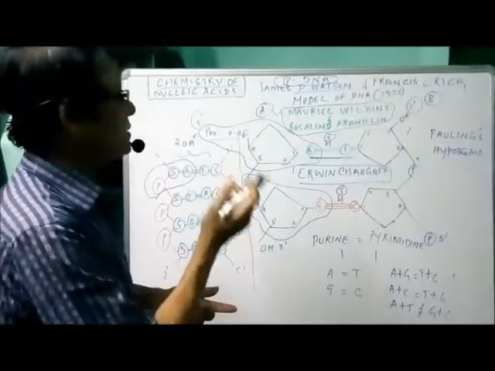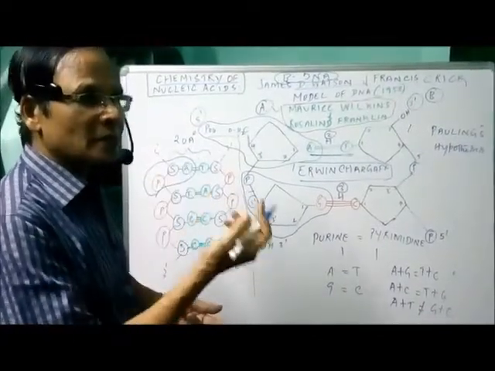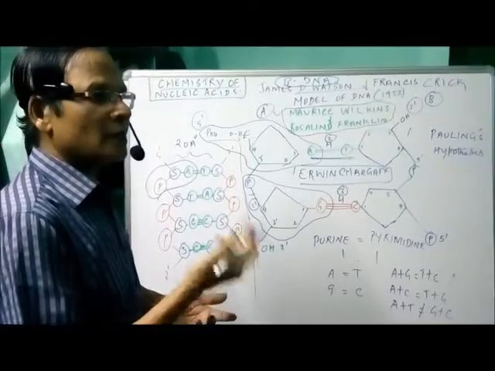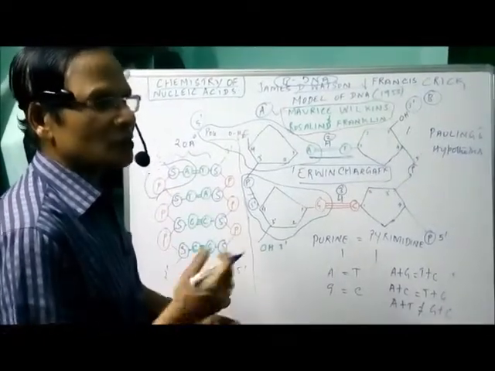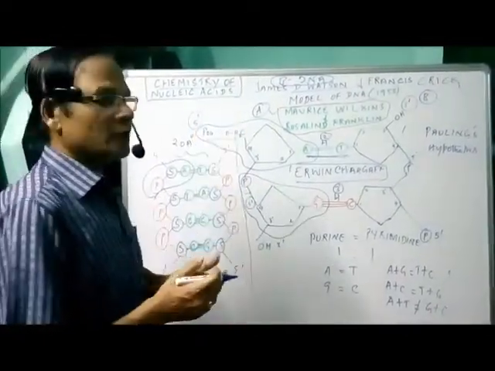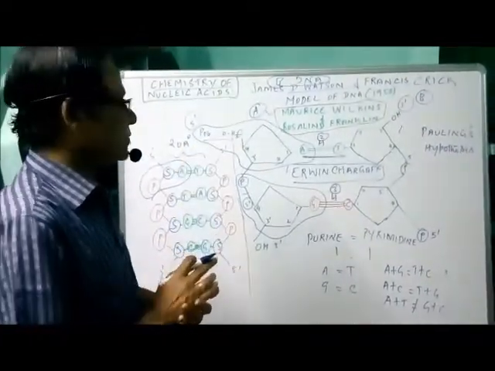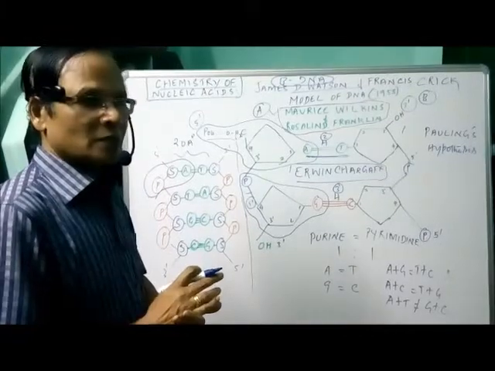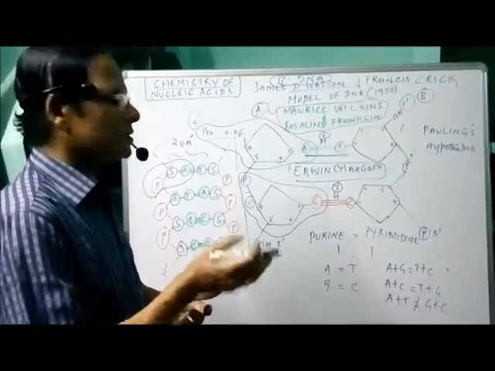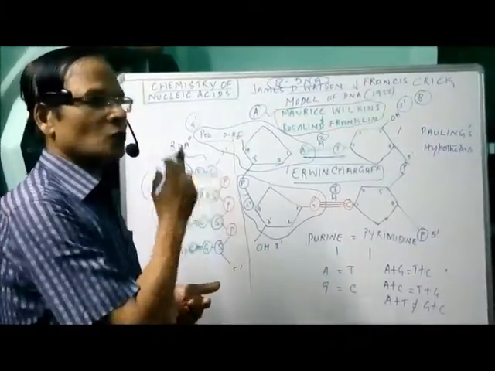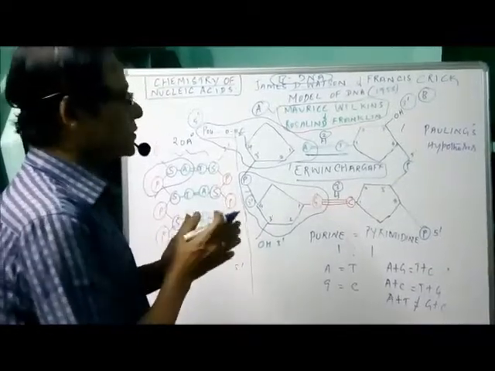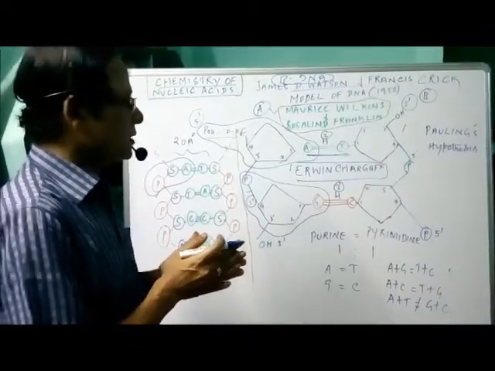In the case of B DNA, the helix is right-handed, which we can call dextral. In the case of Z DNA, the helix is left-handed, which is called sinistral. Dextral is right-handed, sinistral is left-handed, that is the coil. This is the main difference between Z DNA and B DNA.